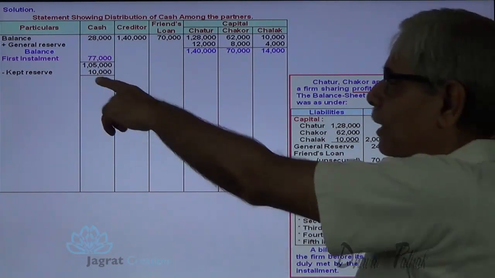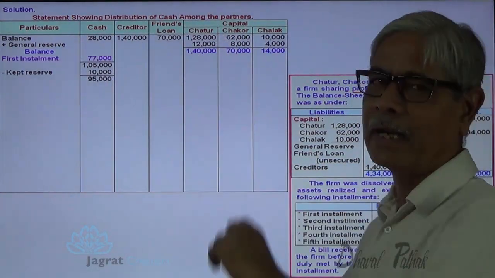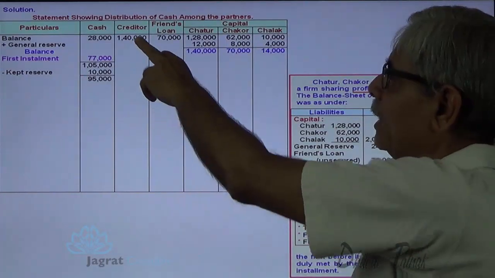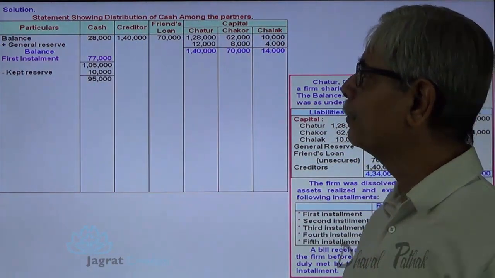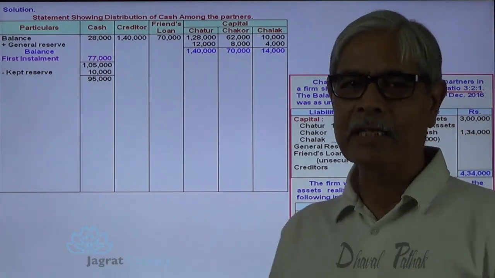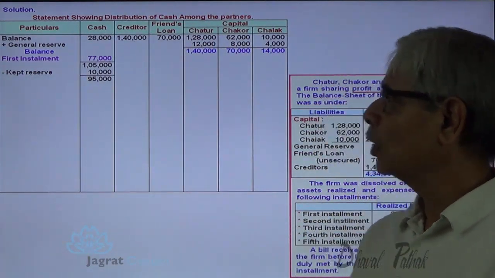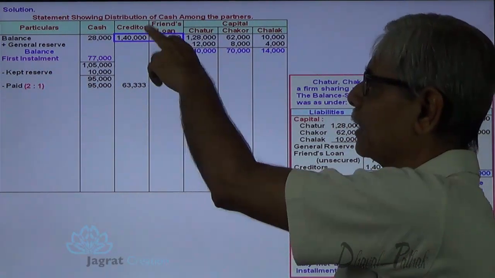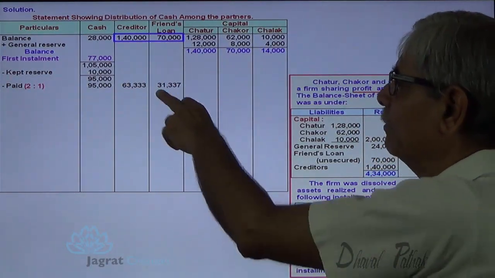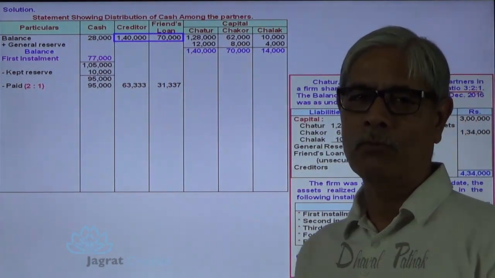So cash available to me for distribution between creditors and friends loan is 95,000, in the ratio of 2:1. So this 95,000 is paid in the ratio of 2:1. So 63,333 paid to creditors, 31,337 paid for friends loan.